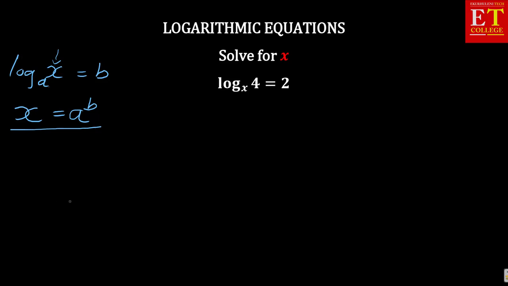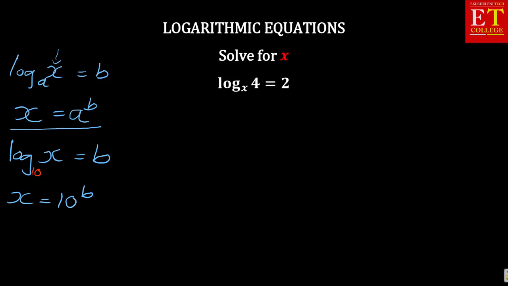So the first thing you must remember is you must have a log with a base and an x, and then equal to b. If they say log of x is equal to b with no base, you must always know it's base 10. So this becomes x is equal to 10 to the power of b.